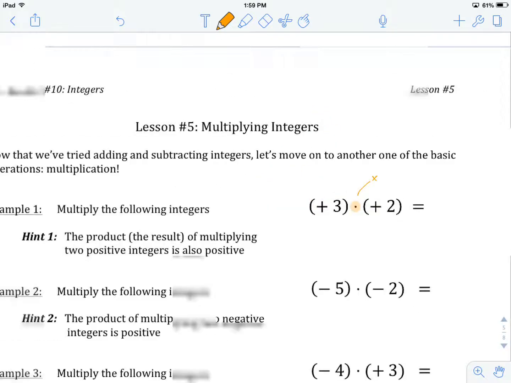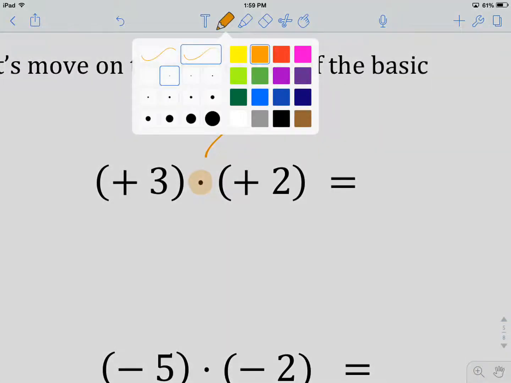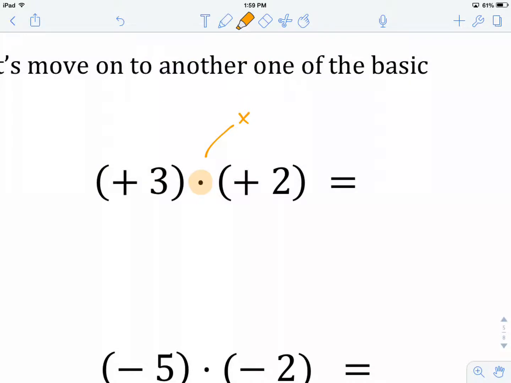Now let's take a look at the first hint. Hint number 1 says the product, which is like the result, the answer, of multiplying two positive integers is also positive. So I know, based on that hint, that if I have a positive integer times another positive integer, my result, my product, will also be positive.